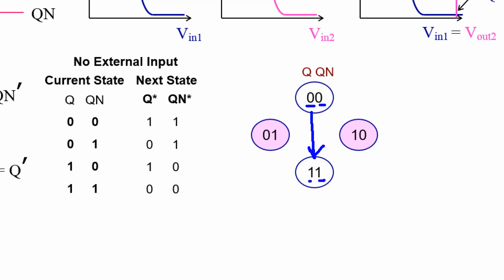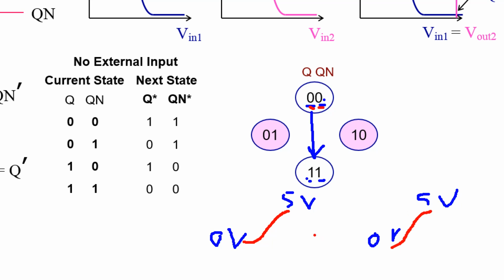If you consider 0 as 0 volt and 1 as 5 volt, what happens? This bit also goes from 0 to 5 volt. If these 2 bits change at the same rate, they meet at 2.5 at the same time.